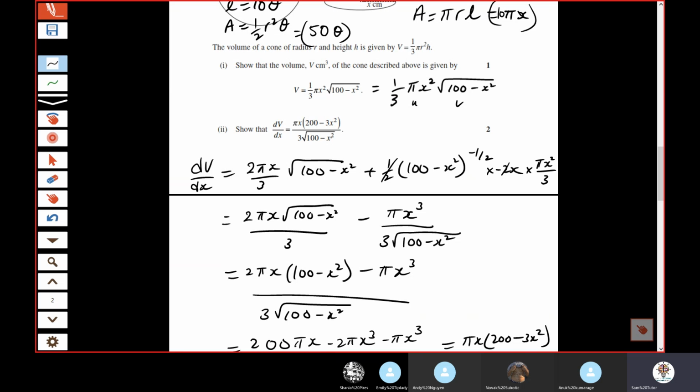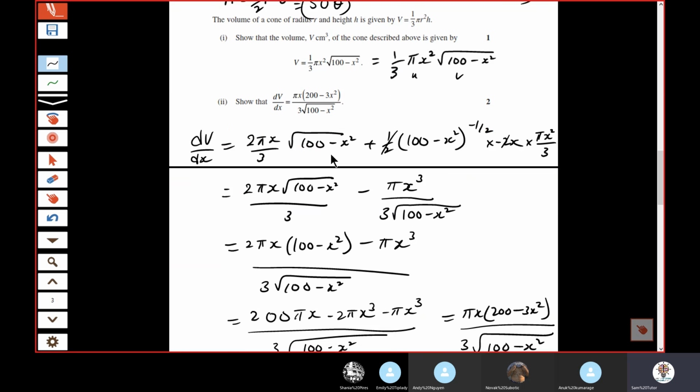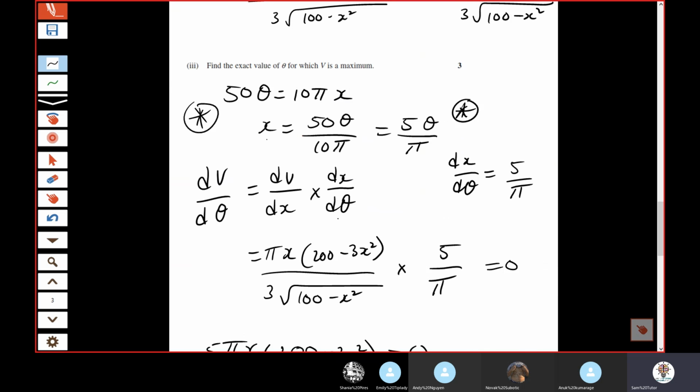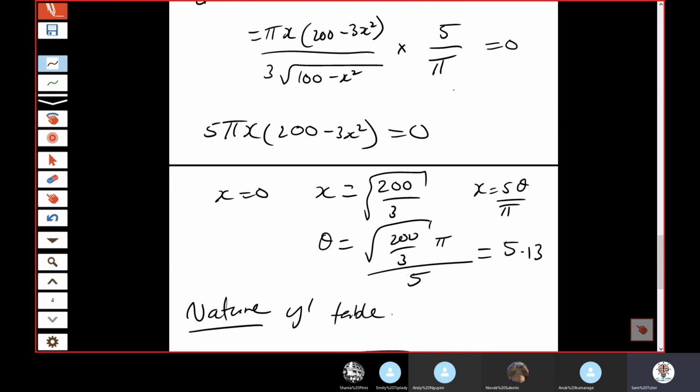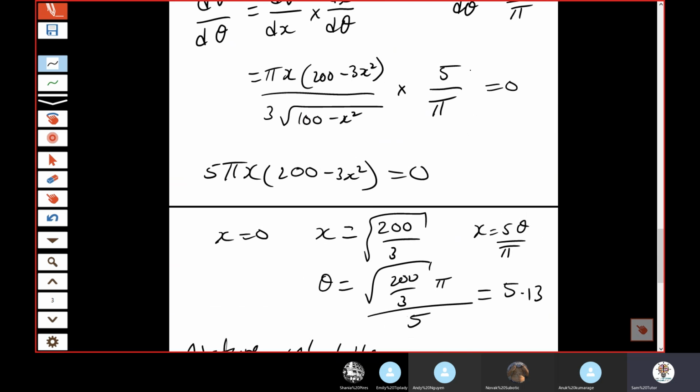What has happened? Maybe when I got rid of my 0 here, so we'll go back to this. Times by 5, yep, that's fine. 200 minus 3x squared. And then minus 200, then you divide, you get 200 on 3, square root it.